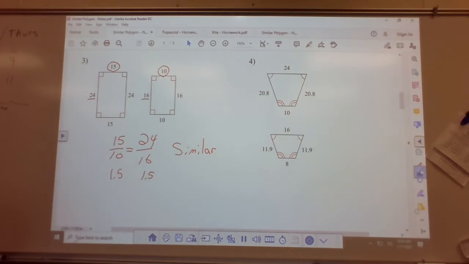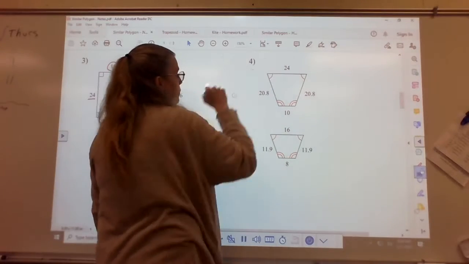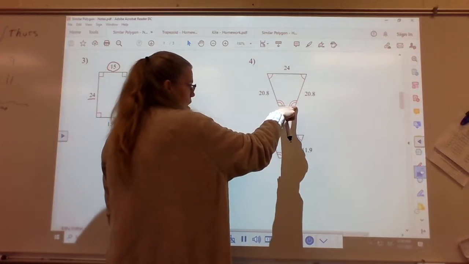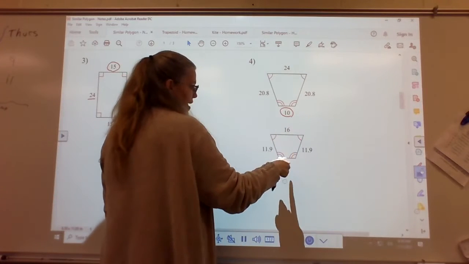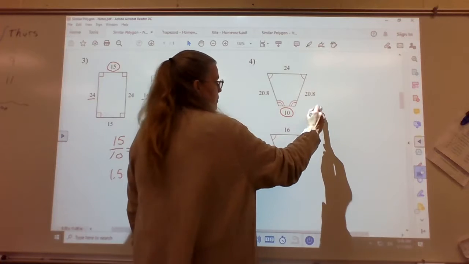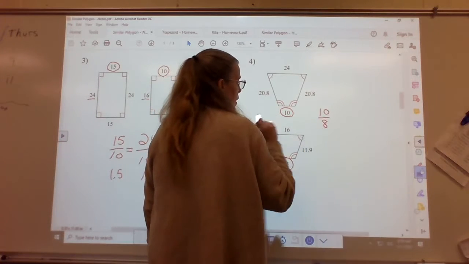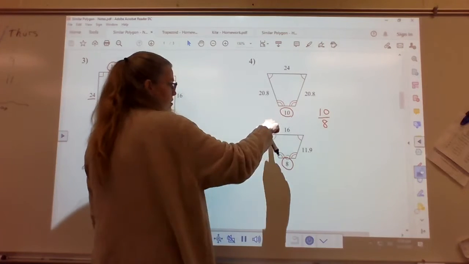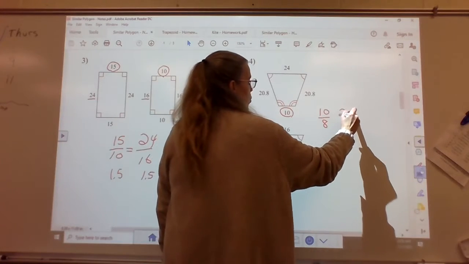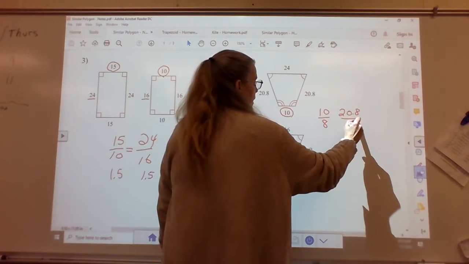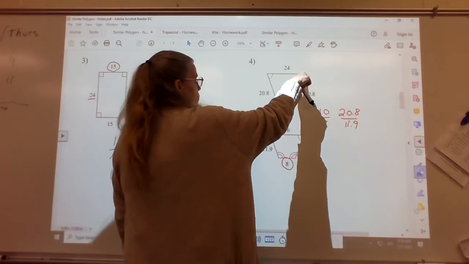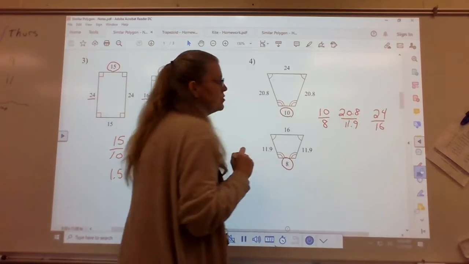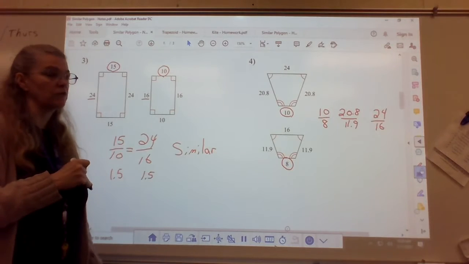Number 4 is kind of like number 2. I've got 3 things I'm going to have to set up. 10 is the smallest one, 8 is the smallest, so I'm going to go 10 over 8. Then 20.8 over 11.9, those are the sides. And then finally, my bigger base, 24 over 16. So there are my three ratios, my three fractions.